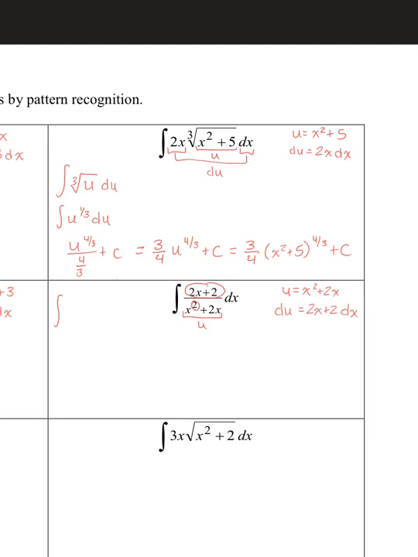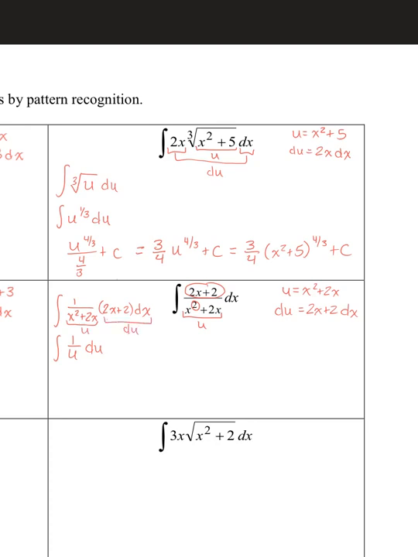So basically what I can do is rip this apart, and this might be a little redundant, I can kind of rip that fraction apart to where now this will be 1 over u du. So this is my u, and this is du.